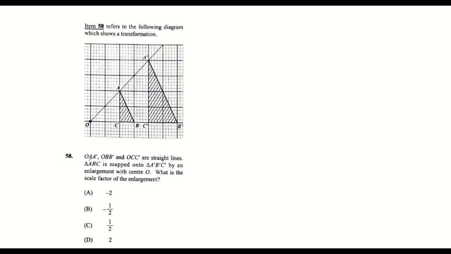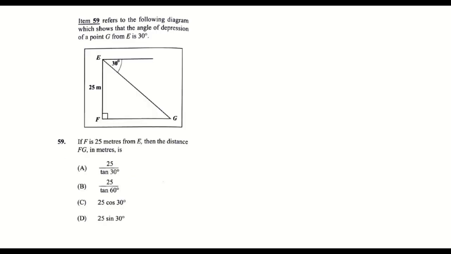So these two lines here are straight lines. ABC is mapped onto the other triangle by an enlargement with center O. What is the scale factor? So we're going from CB, which is 1, to 2. So the scale factor is image over object, 2 over 1, which is 2. So the answer is D, 2.